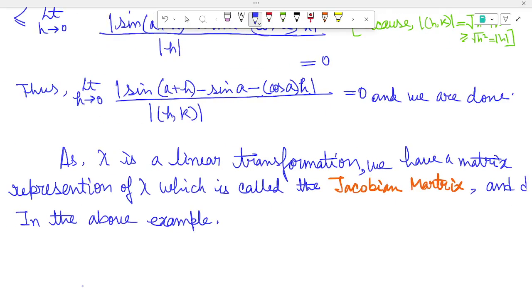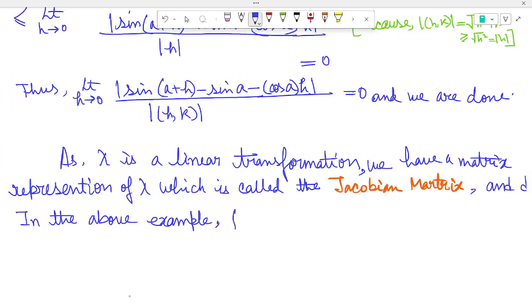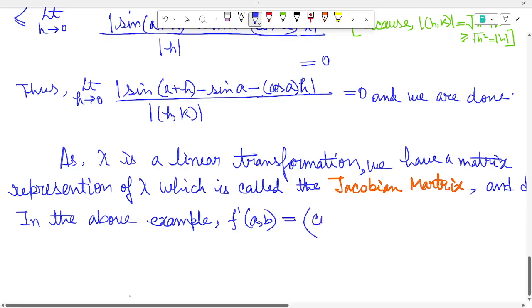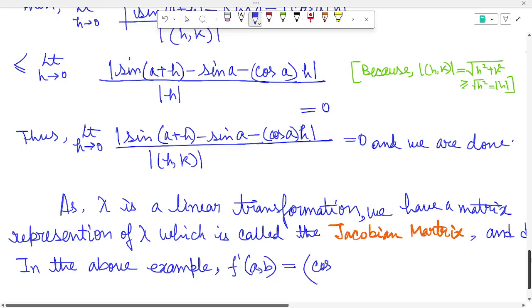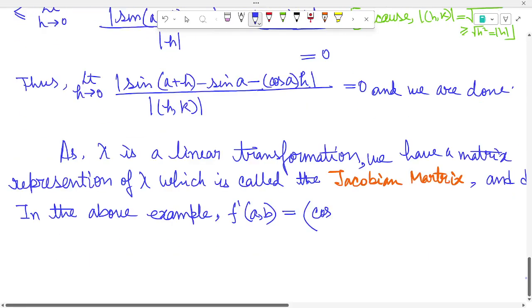So in the above example, what is f dash of (a, b)? I mean f is on Rn, so I am breaking it into the tuple. What is the linear transformation? What is the Jacobian matrix? The Jacobian matrix is simple. What was the operator here? Cos a, right? So it will be cos a, comma 0.